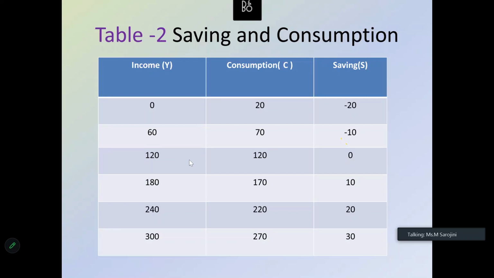Consumption also increases from 170 to 220. The income increases by 60. Consumption increases by how much? 50.